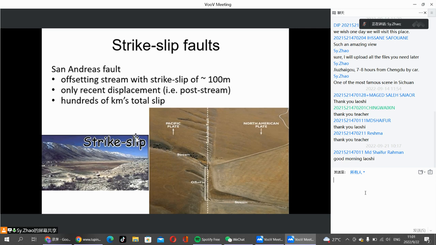So the stream usually is continuous, but after this strike slip fault, the displacement could attain 100 meters, which means the original stream should be continuous here, and it becomes what we see today.